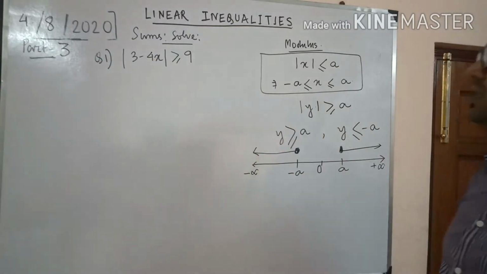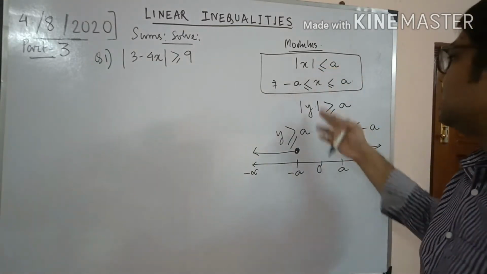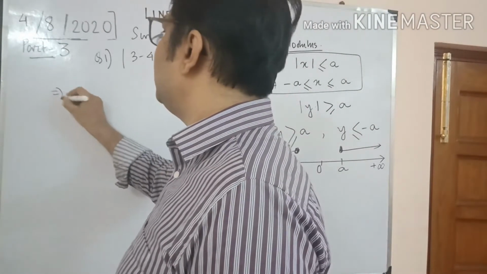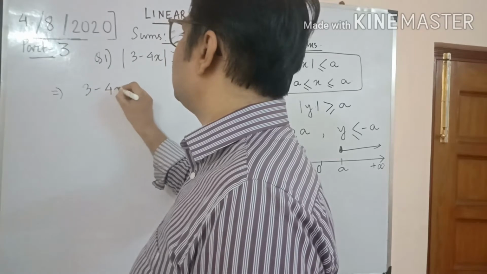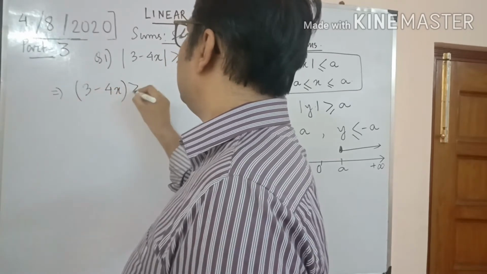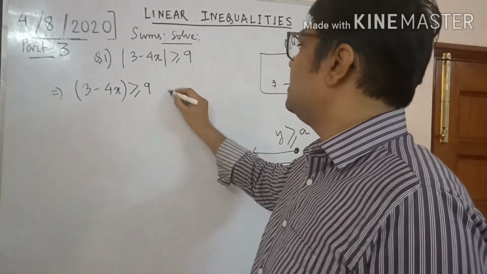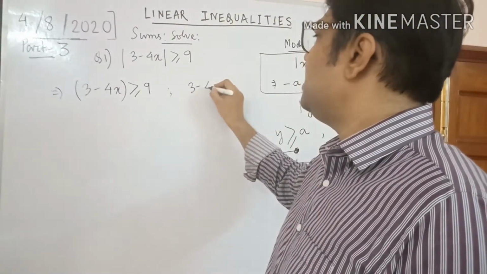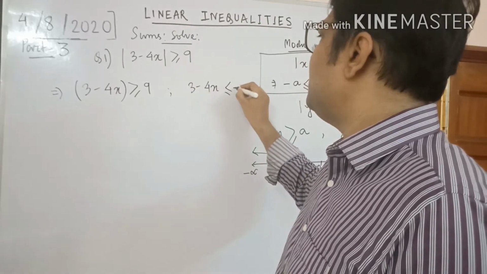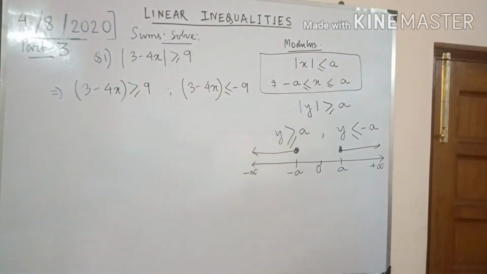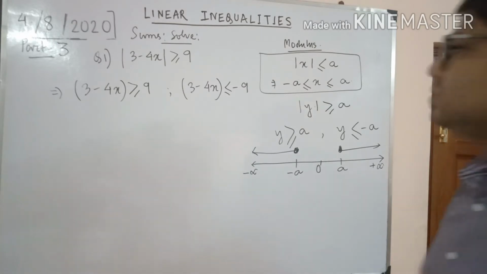So we are given this sum, and it will go as per this rule. If we resolve this, we get two things: 3 minus 4x is greater than or equal to 9, and 3 minus 4x is lesser than or equal to minus 9. Now remember one thing, you have to resolve the mod, otherwise you cannot do the sum. So let us do this.